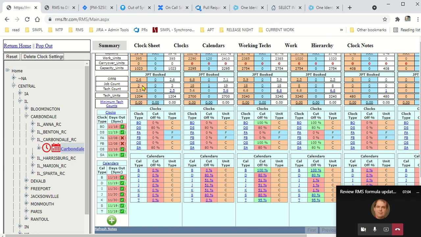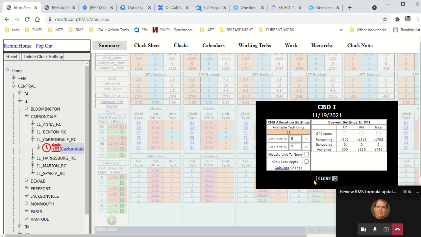Did I have a screenshot of that? So for the 19th, is this 1% as opposed to like 100%?